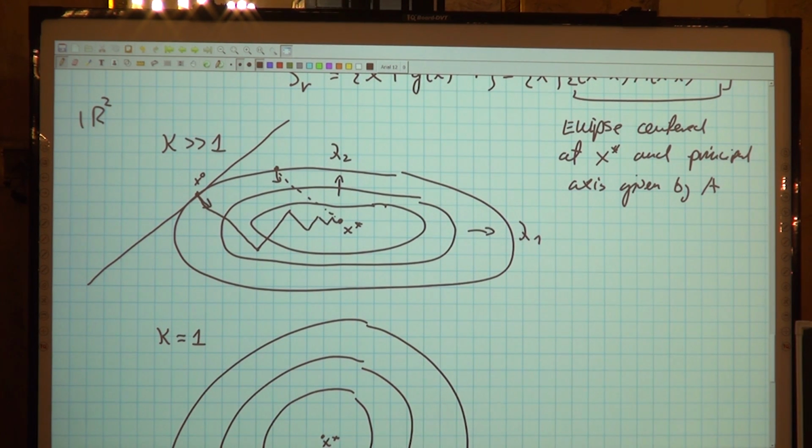But when things are very squashed, my gradient direction is actually taking me somewhere else. It's essentially misleading me. I'm only slightly correlated with the direction of the optimum. I know that this angle here cannot be too large, but it can be very non-zero. Essentially, it can be quite significant.